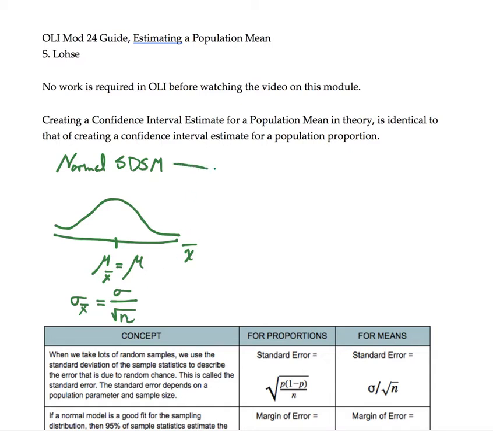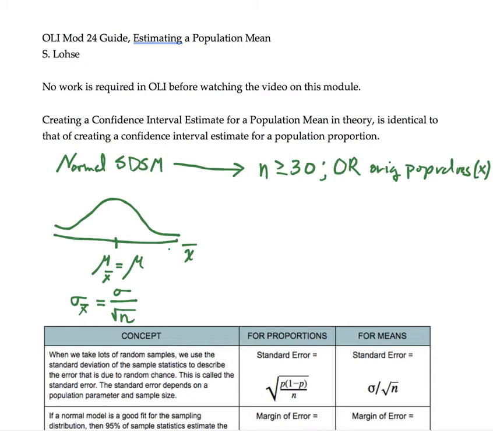To make this sampling distribution normal, the sample size that you need is one that is greater than or equal to 30, or you need that the original population values, so that would be the plain X values, the data you're collecting from individuals.